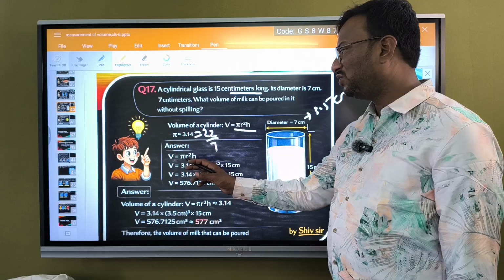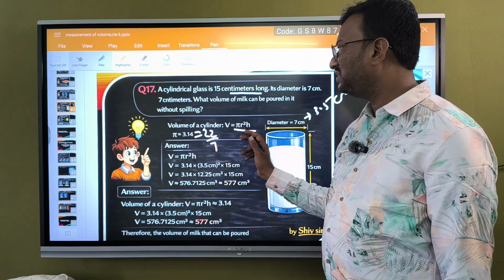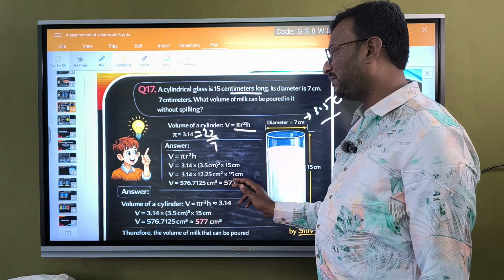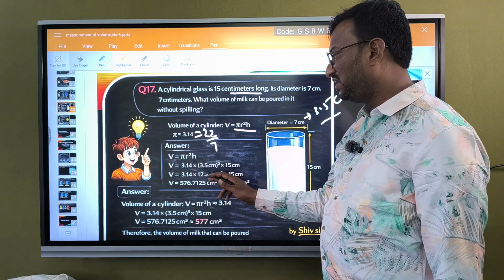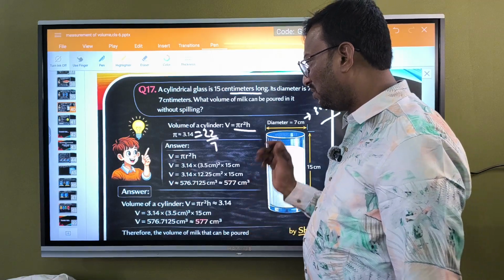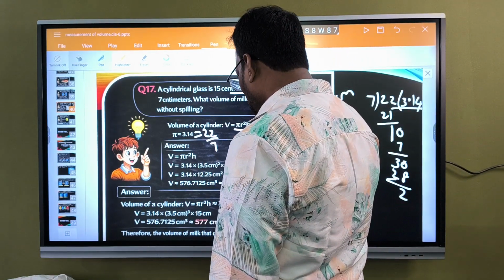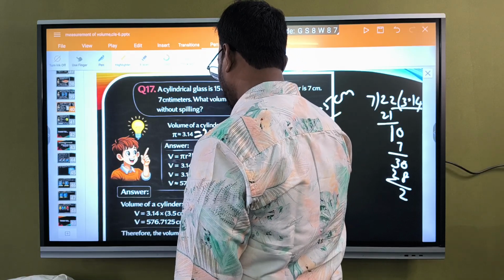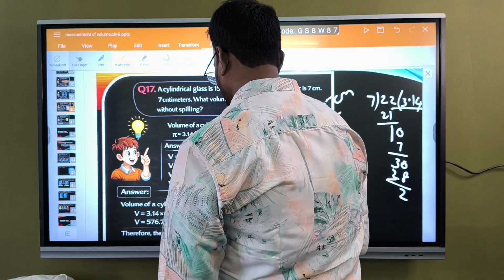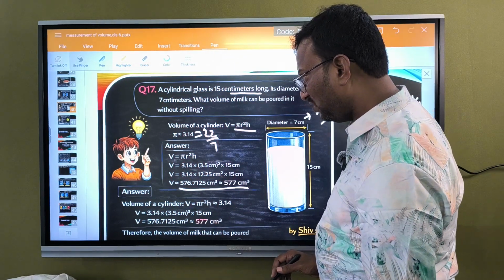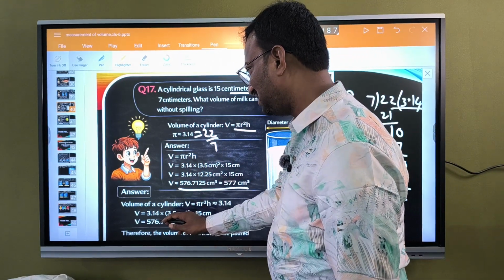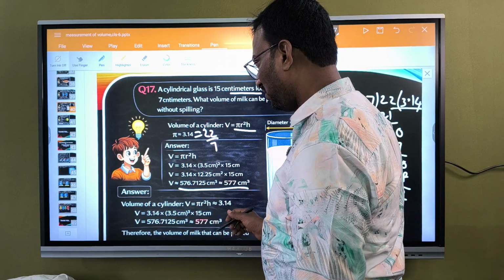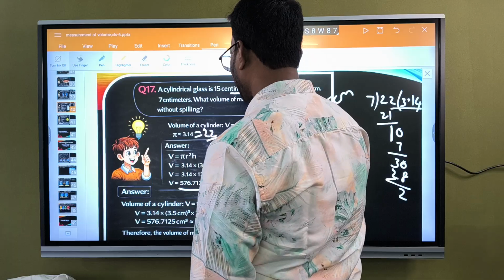Volume is equal to 3.14 into r square, where the radius is 3.5. 3.5 square means 3.5 into 3.5 into 15. Pi r square h, right?